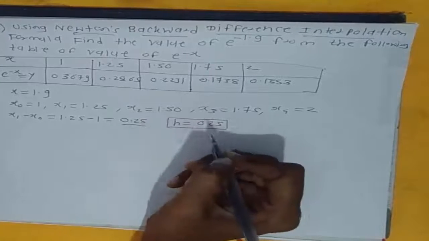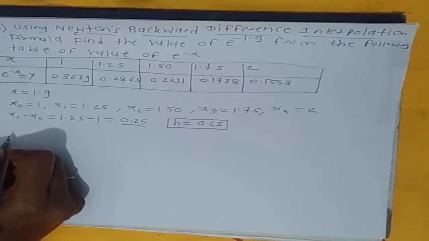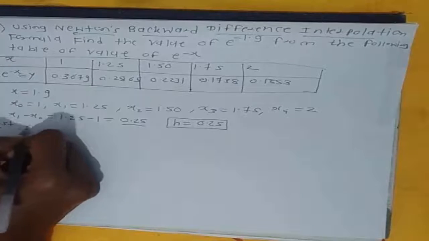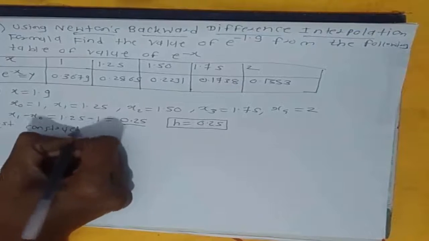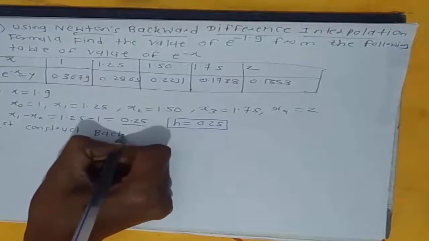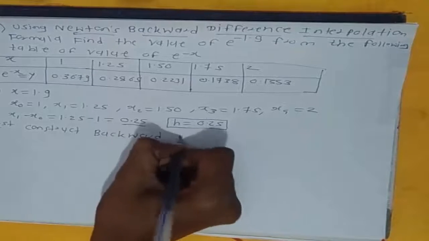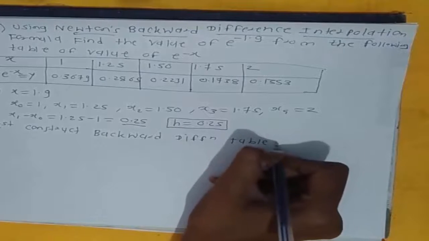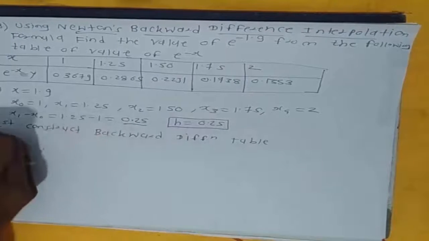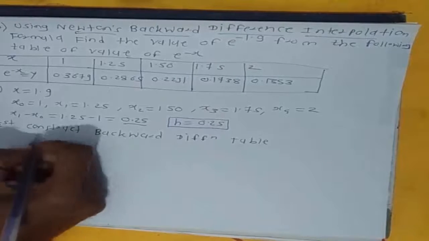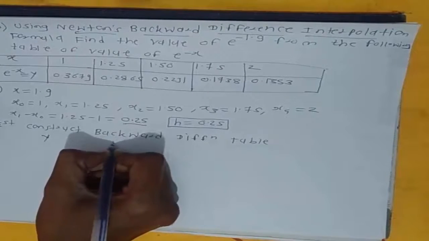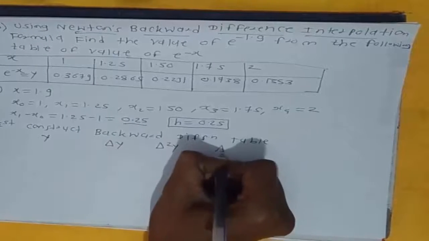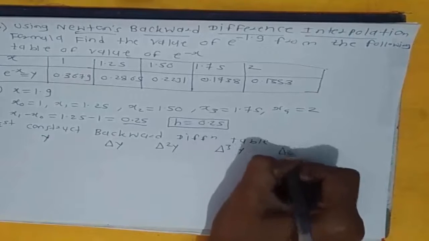To use Newton's backward difference interpolation formula, first we construct the backward difference table for the given data. We write the values of x, then values of y, then delta y, delta square y, delta cube y, delta raised to 4 y.